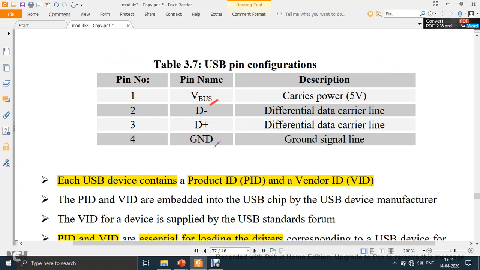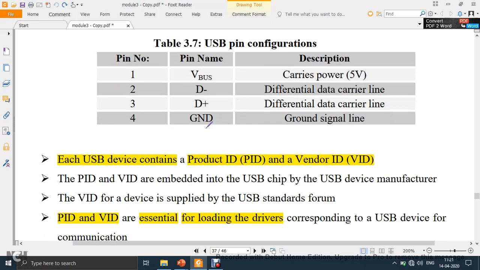There is a VBUS and a ground, which carry 5 volts and a ground signal, so those are power signals. The other two are the data carrier signals: differential carrier line D minus and differential carrier line D plus. It works on the principle of differential signaling.